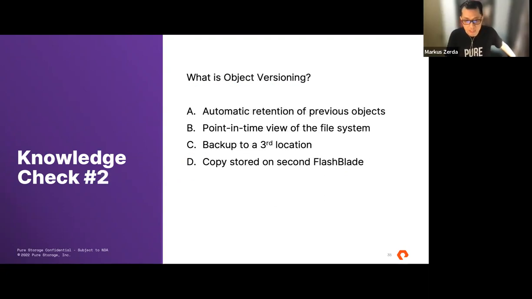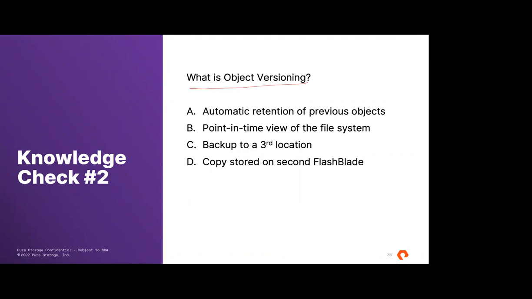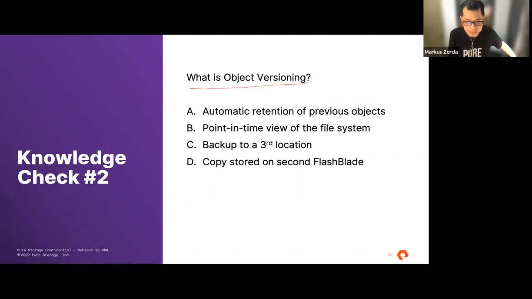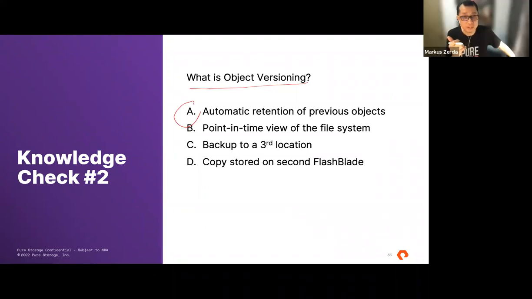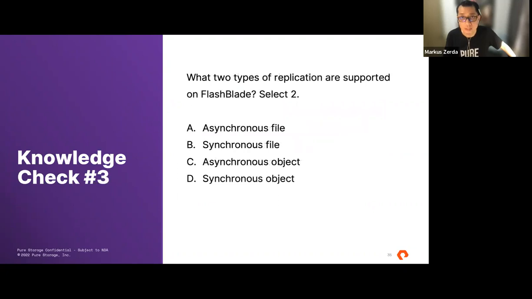Next question: what is object versioning? A, B, C, or D? A. Yes, it retains the objects using a version or generation ID. Good.